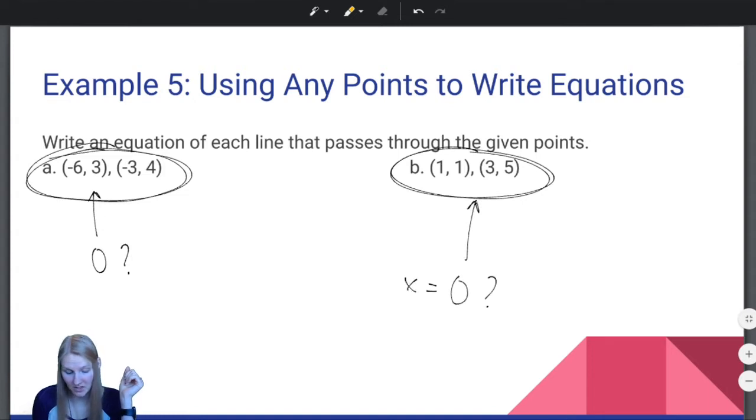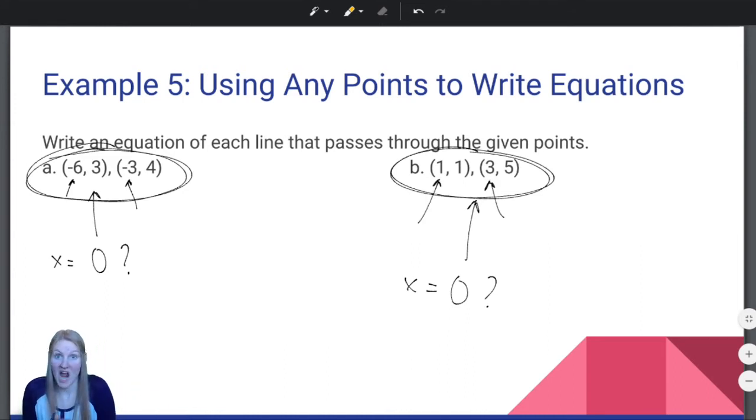Do we have x equals 0 anywhere? No. I have (-6, 3), (-3, 4), (1, 1), and (3, 5). I don't have x equals 0 anywhere.